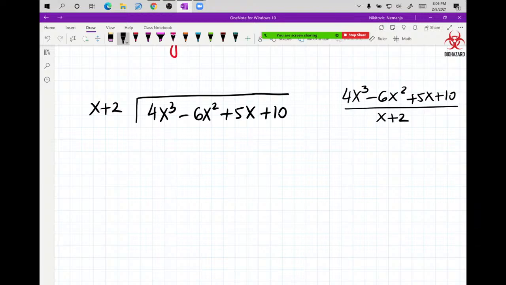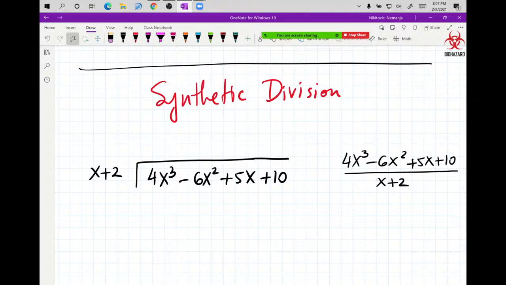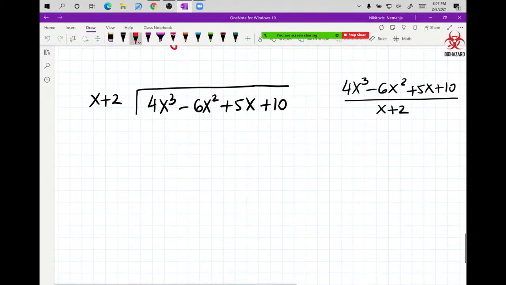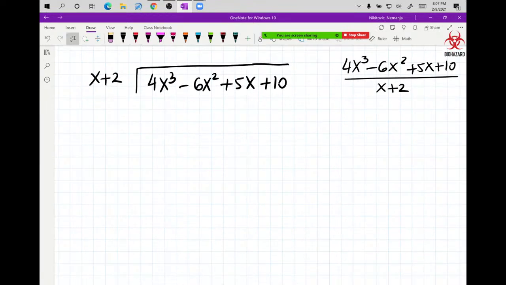For synthetic division, you have to divide by the linear term. Let me write that in blood up there. Must divide by a linear term. There we go. Now, the setup.